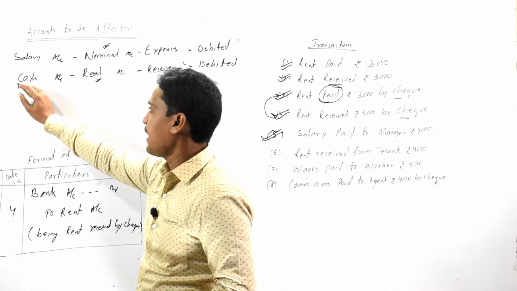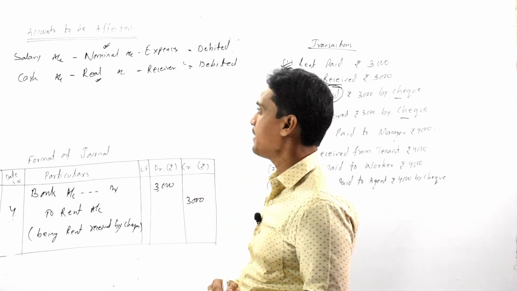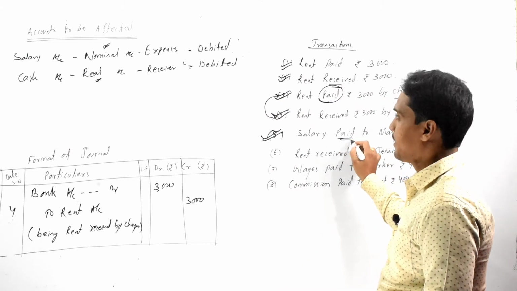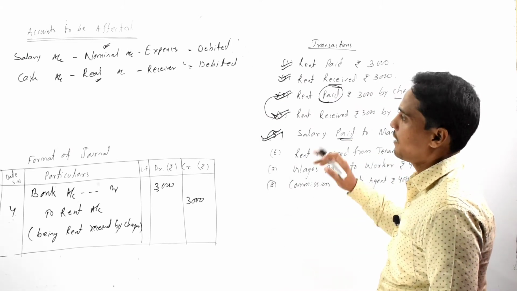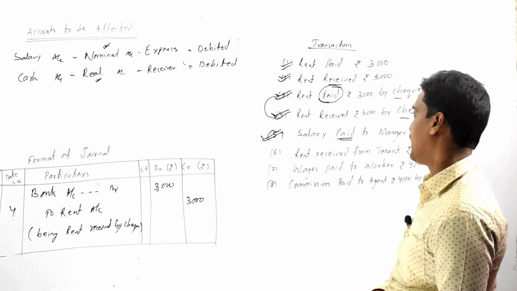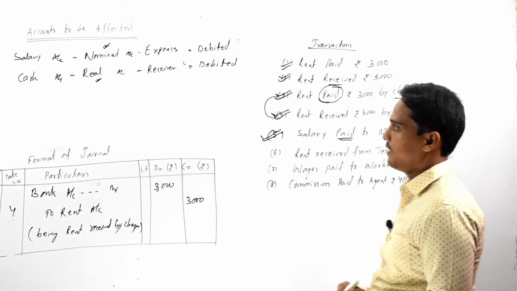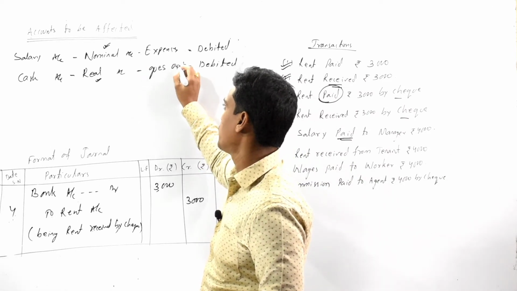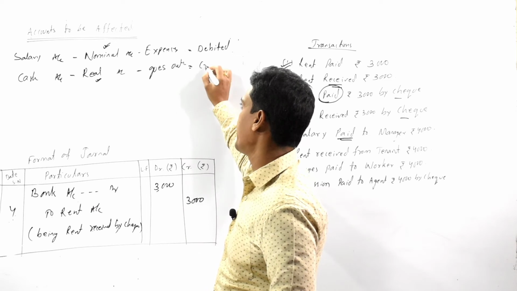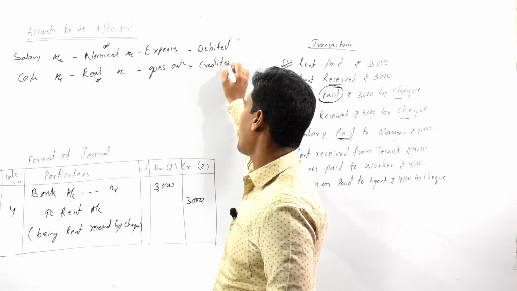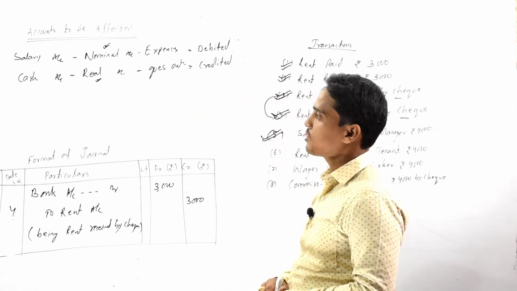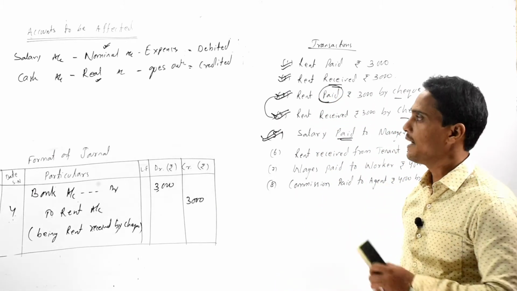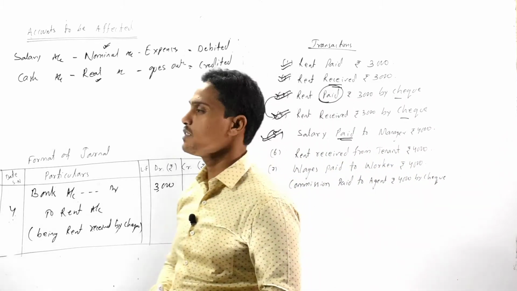Similarly, as the cash account is a real account, it goes out in the particular transaction. As we are paying the salary, our cash goes out and it should be credited as per the rules of the real account, that is debit what comes in and credit what goes out.